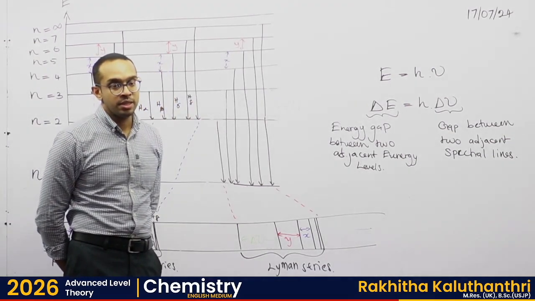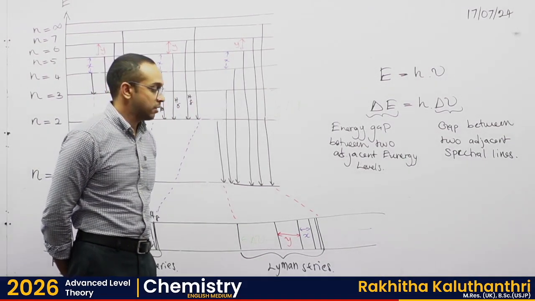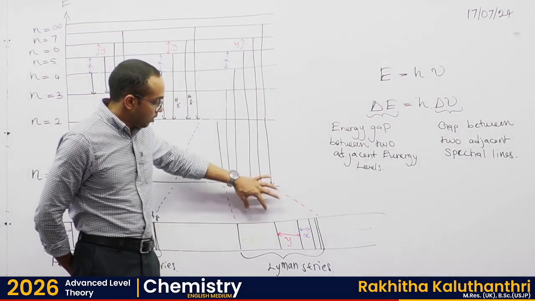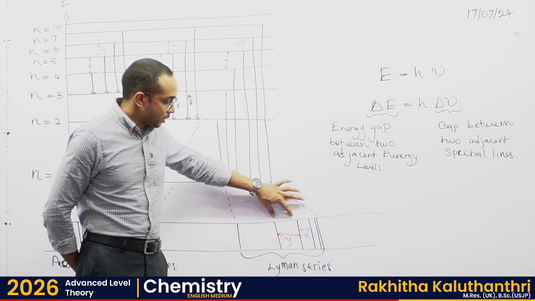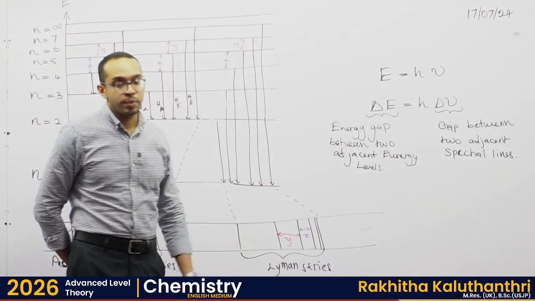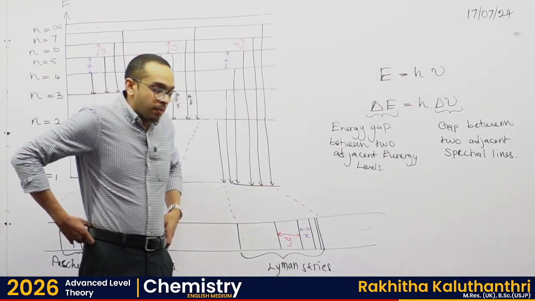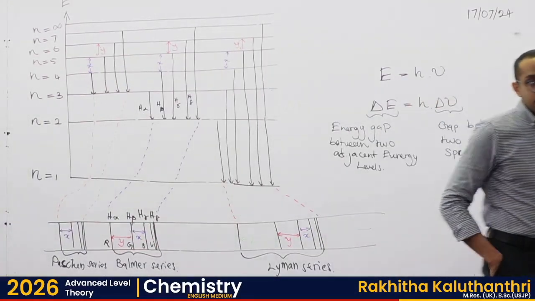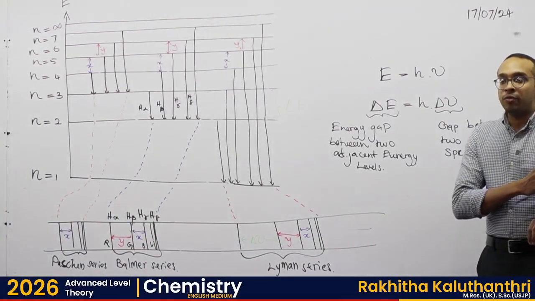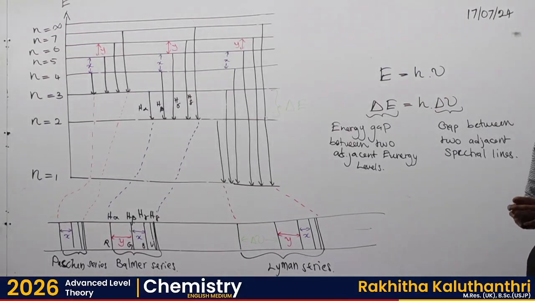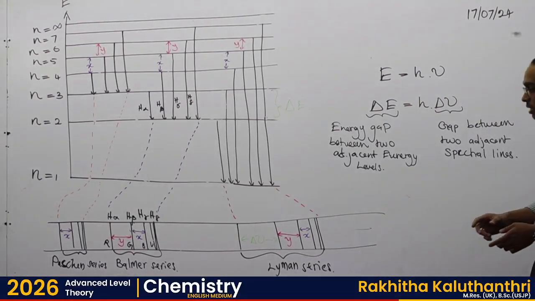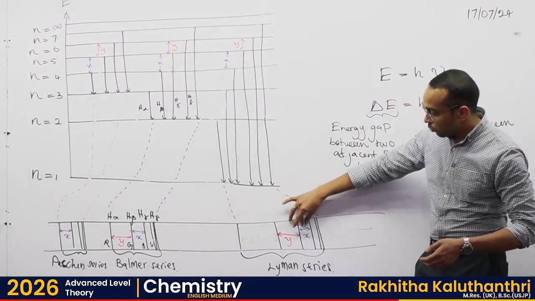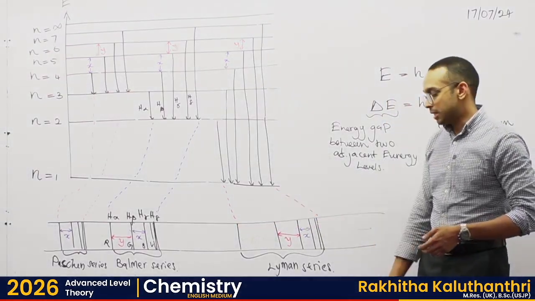This is the reason the gaps between spectral lines decrease within a given series.